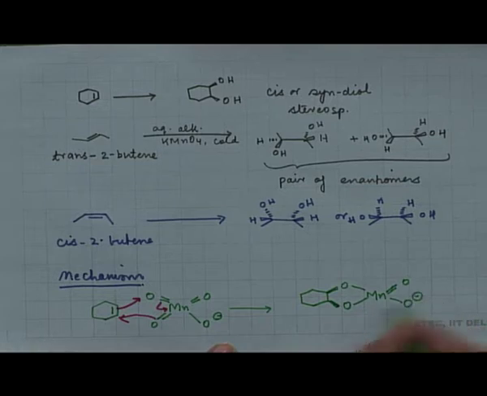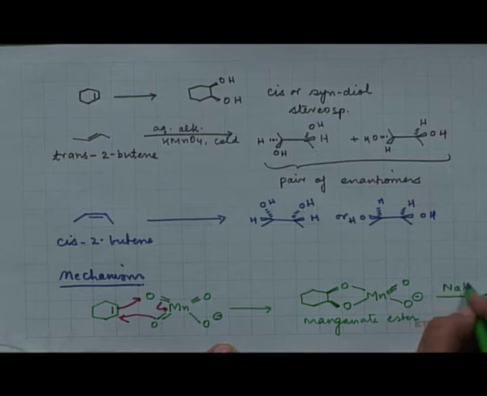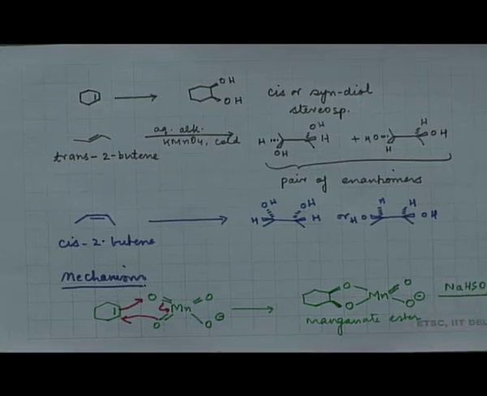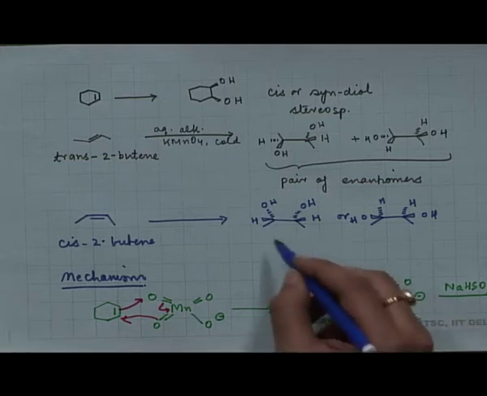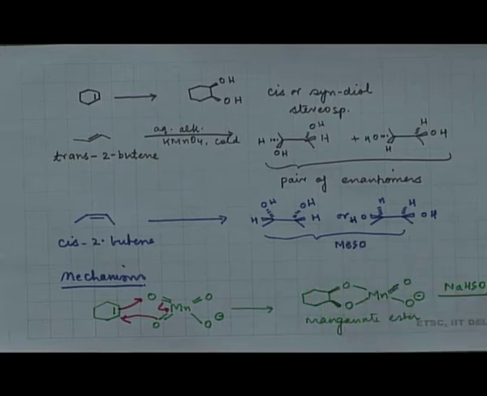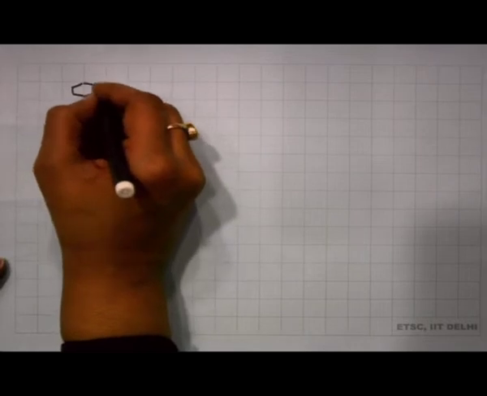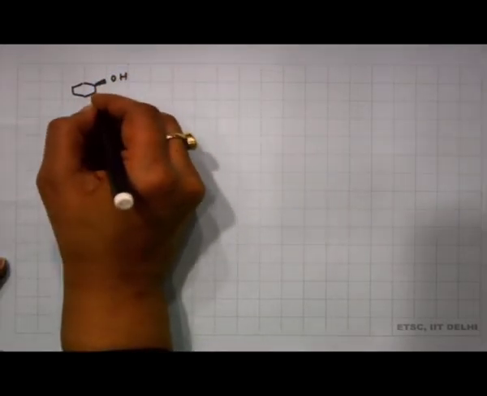This is a syn dihydroxy product which you are going to get eventually, and you get this cyclic manganate ester intermediate, which on subsequent hydrolysis with sodium bisulfite gives you the corresponding diol, that is a cis diol.